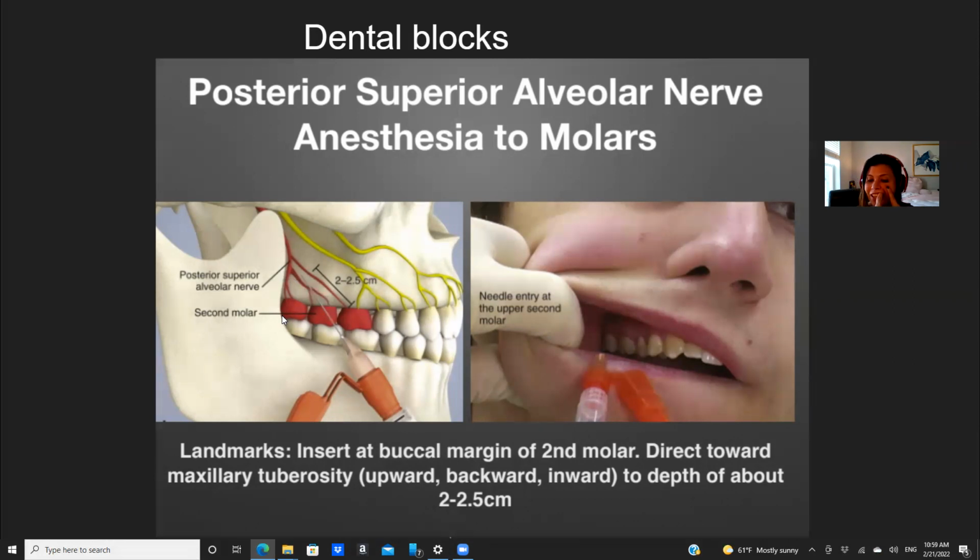You inject upward, backward, and inward. Up, back, inward, about an inch, and that will produce a posterior superior alveolar nerve block. Like I said, I will usually use Marcaine or Bupivacaine for dental blocks because it will last a good 6 to 8 hours.